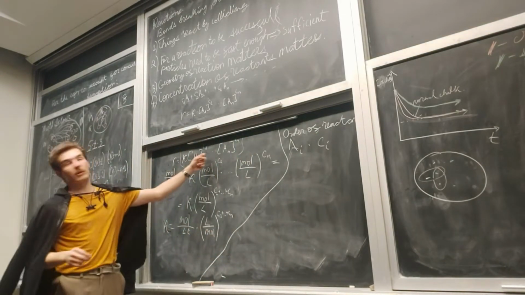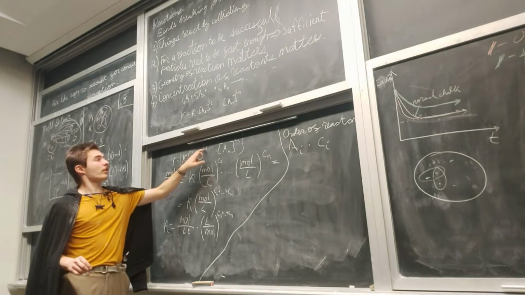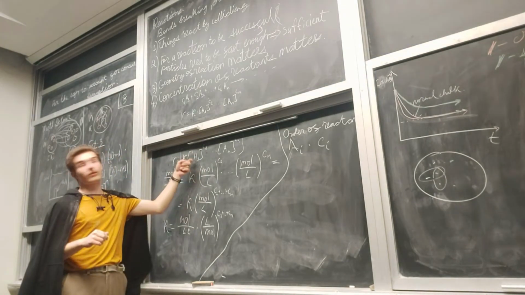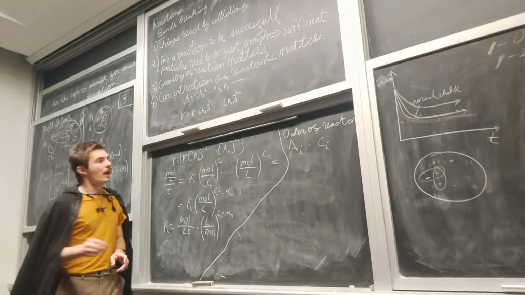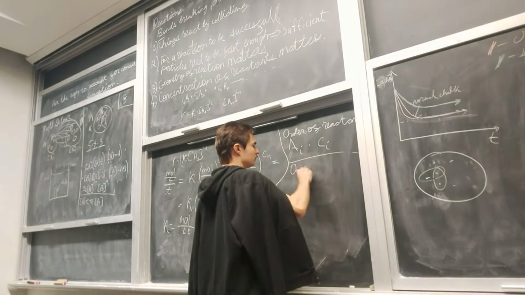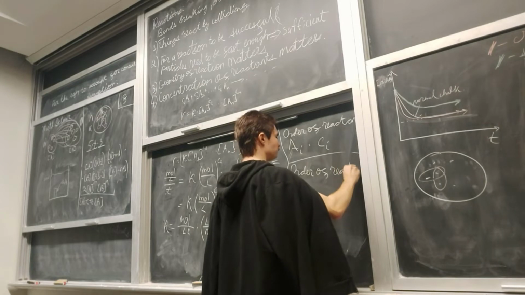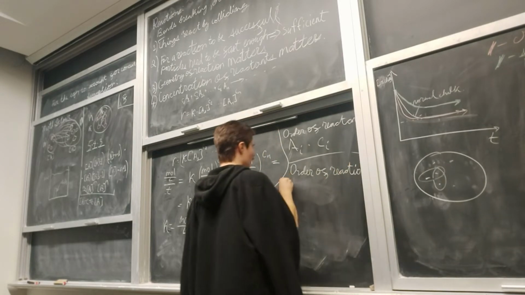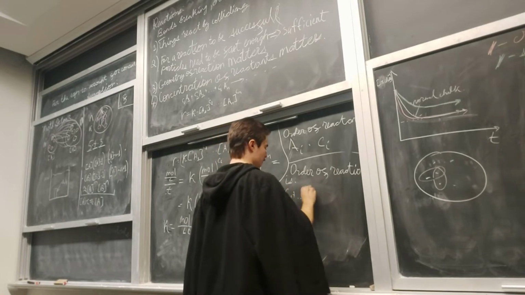The order of reactant Ai is going to be this number Ci. So that's this power here in the rate law. We're going to call this number the order of this reactant. We're just giving it a name, nothing new. And then the order of the entire reaction is this sum, C1 plus ... Cn.